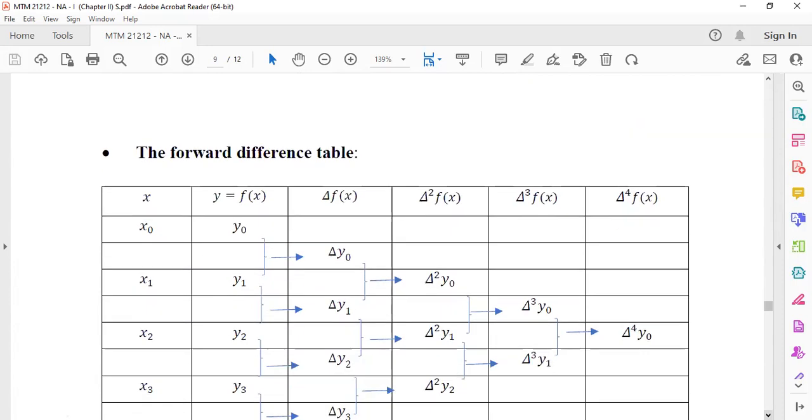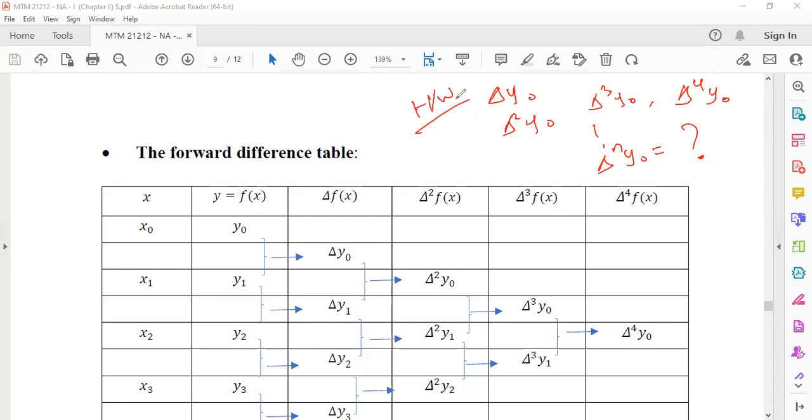Similarly, after you find delta y naught, delta squared y naught, delta cube y naught, delta 4 y naught, find the possible general idea of the nth difference of y naught, using the summation. Using the summation, you find the answer. That is your homework.